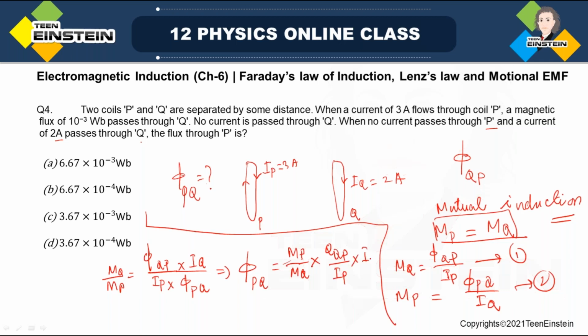Okay. So from here, see, MP by MQ, they are equal to each other, they will get cancelled. And see, phi QP is already given, that is 10 to the power minus 3 Weber.